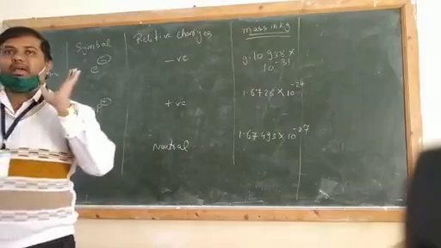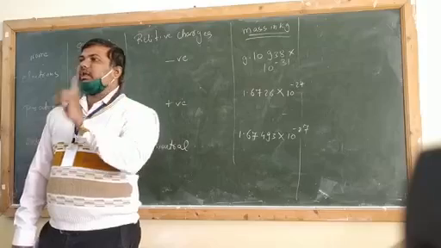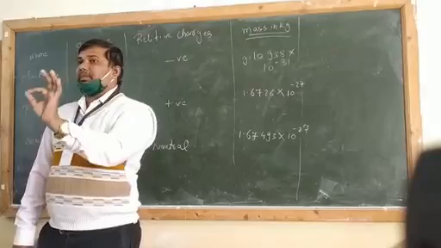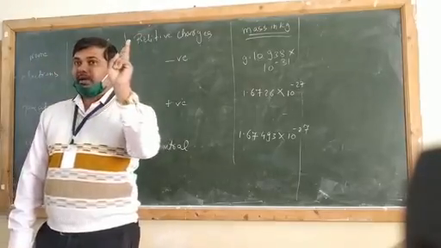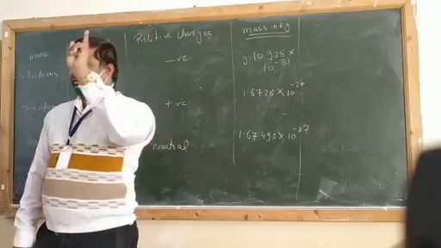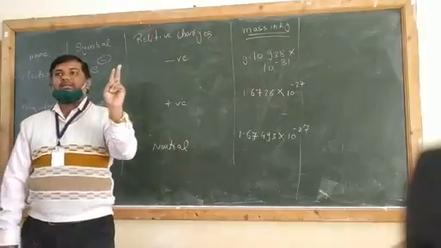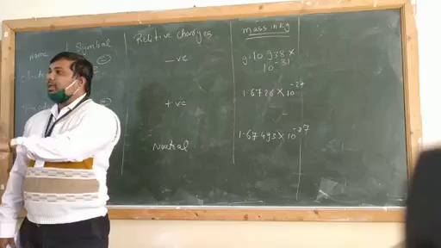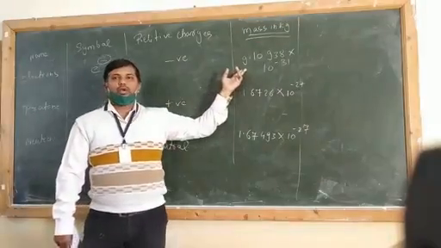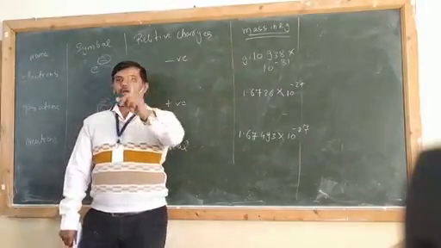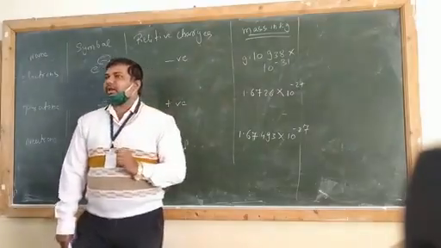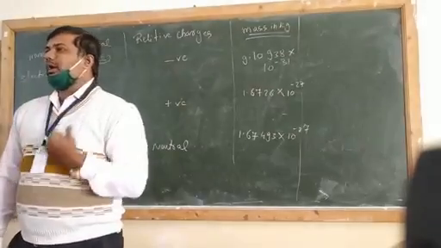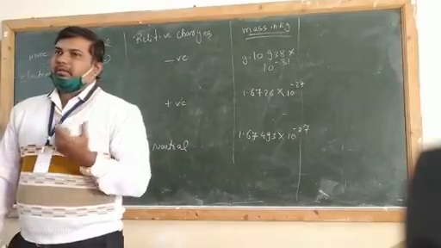By heart करना नहीं है. इतना याद रखो, किसी भी नंबर को बाय हार्ट करना नहीं है केमिस्ट्री में, right? Except the atomic numbers and atomic masses. These are the exceptions. Everyone should know the atomic numbers and atomic masses. But apart from that, whatever number comes, you don't need to learn it by heart, but you need to know it. For example, we saw Avogadro's number. What is Avogadro's number? 6.022 into 10 raised to 23 particles, right?